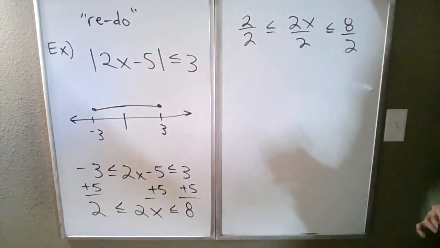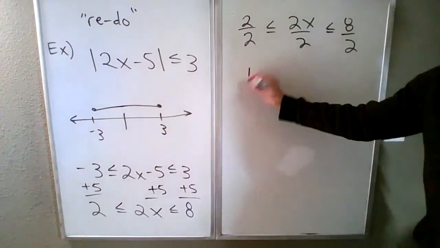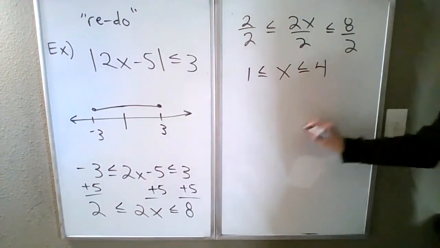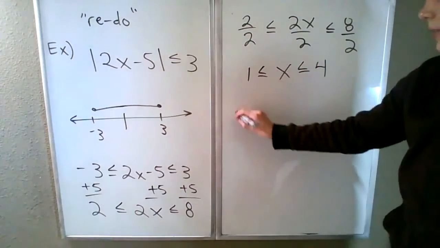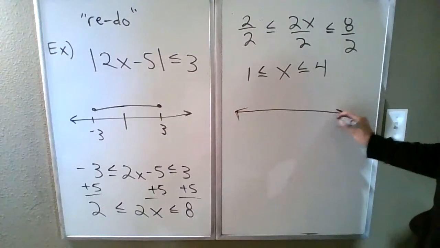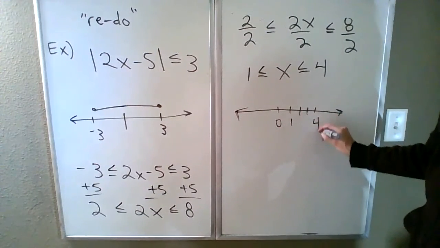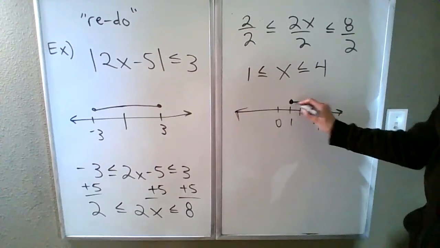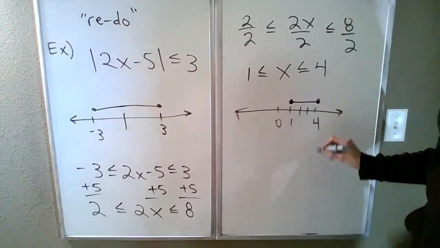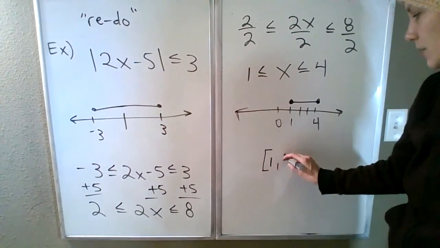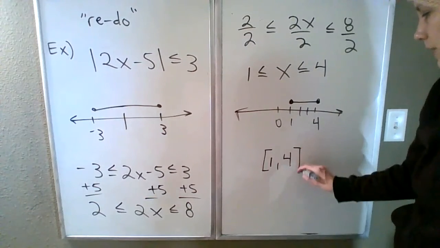That would be 1 less than or equal to x less than or equal to 4. So the graph should have gone from 1 to 4, including both sides. Which means the solution set was actually +1 over to +4, including both sides.